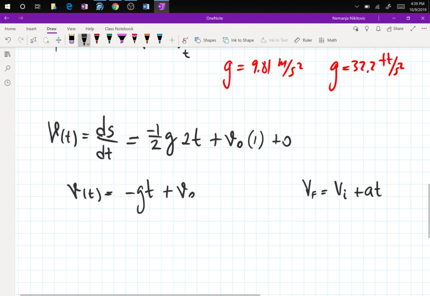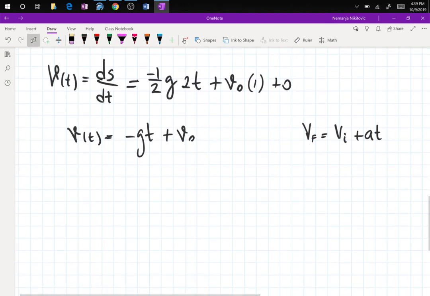Great. So guys, you recognized one of these formulas from physics, and now it's time to take another derivative of the velocity, again in time, to calculate acceleration. And that's just going to work out to be negative g, because the derivative of t is 1 and the derivative of the constant v0 is just 0.